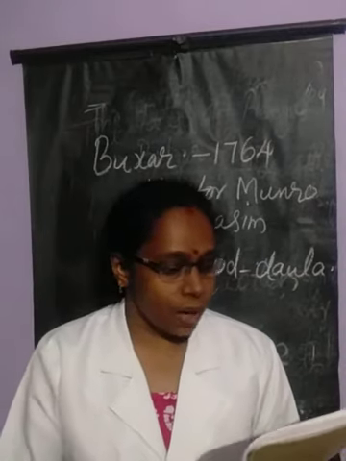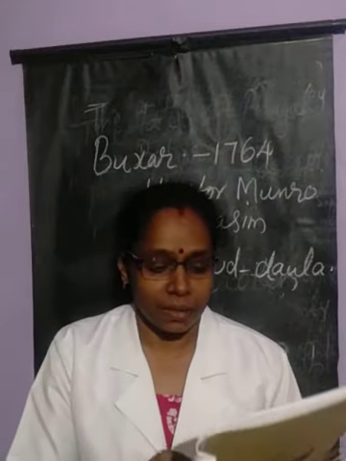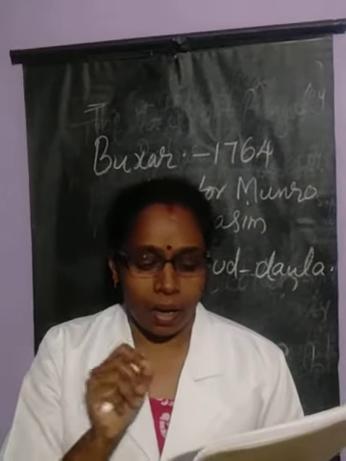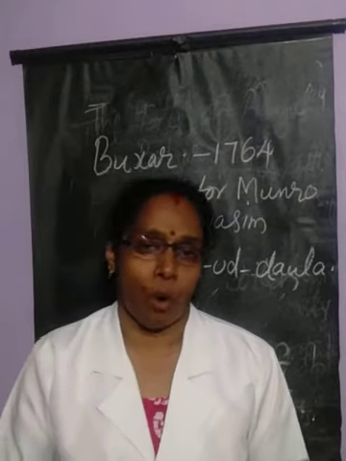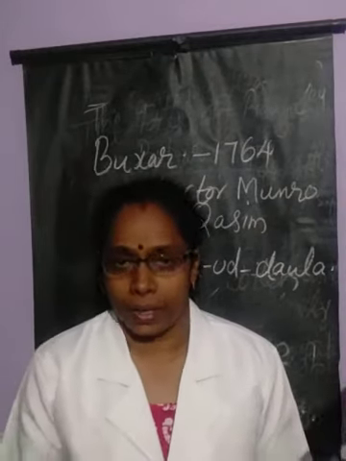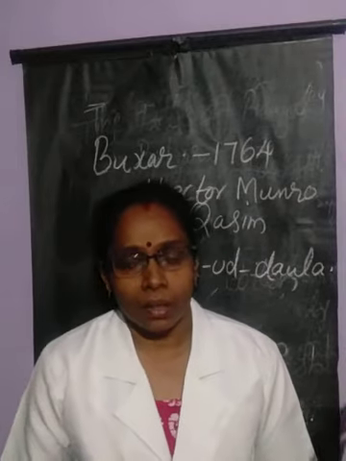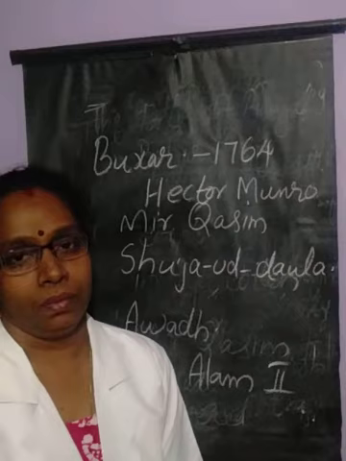Its leader was Hector Munro. And in which place did this battle happen? At Buxar in 1764. Okay, the British emerged victorious. In this battle, what happened? The British defeated these three people.